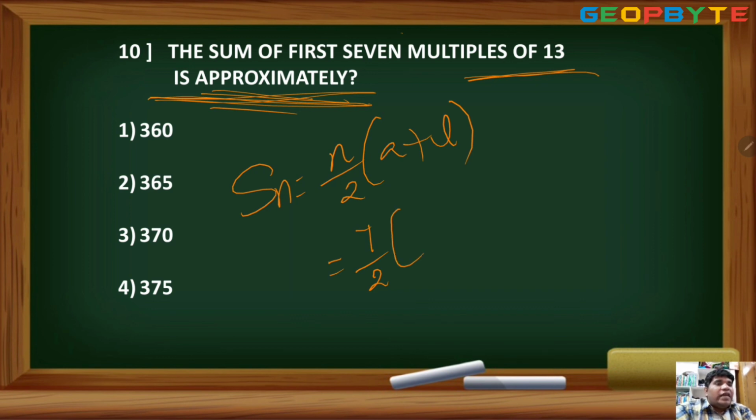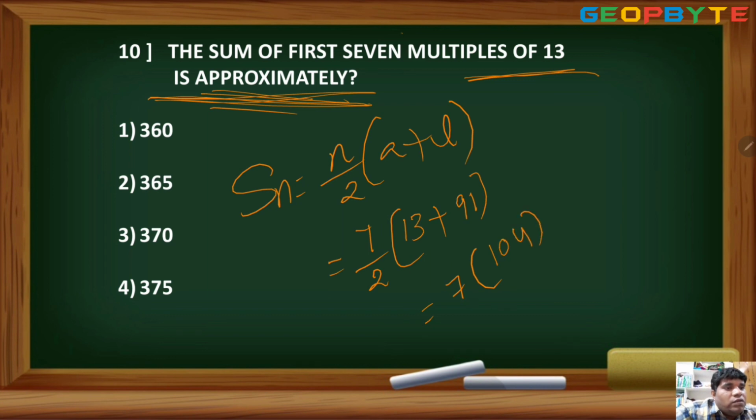A plus L, where a means the first term. So 13 into 1, 13 is the first. Seventh multiple means 13 into 7, which is 91.